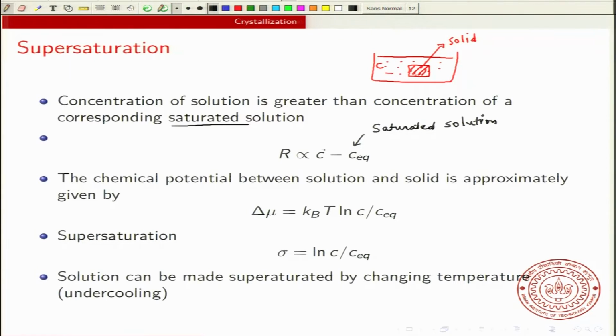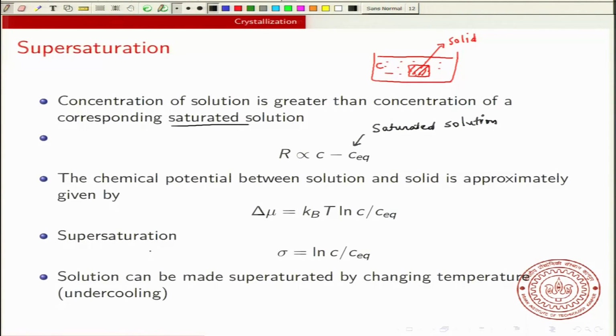So, how much the concentration of the solution is greater than that of the saturated solution. Now, you know that you cannot make a solution more concentrated than a saturated solution. So we say that crystallization will only take place when the solution is supersaturated. We call this supersaturation.